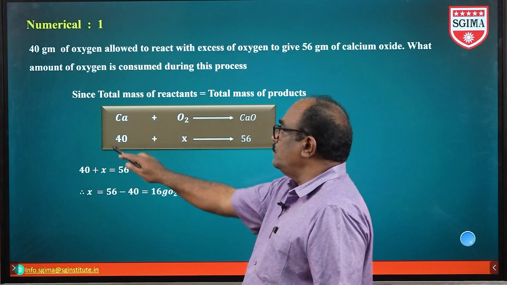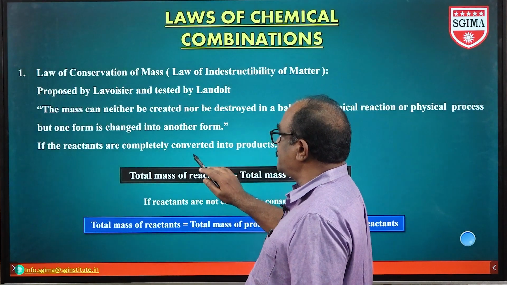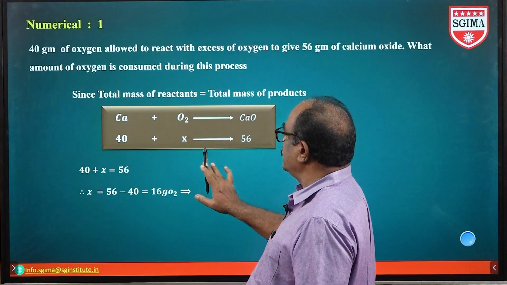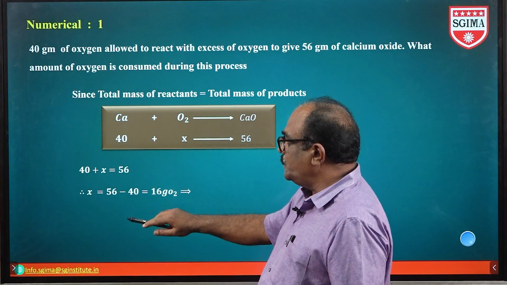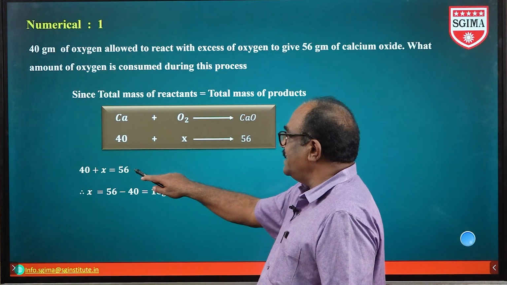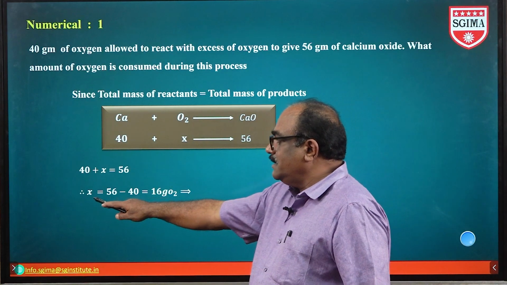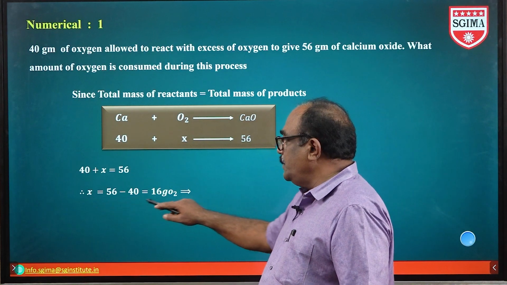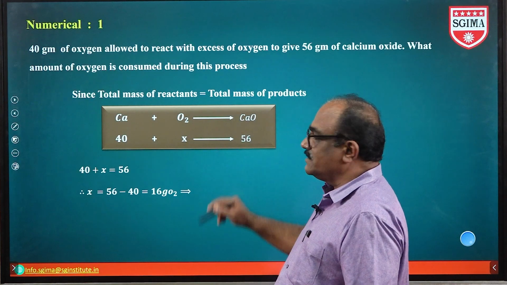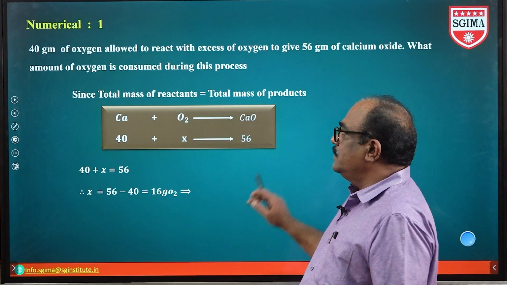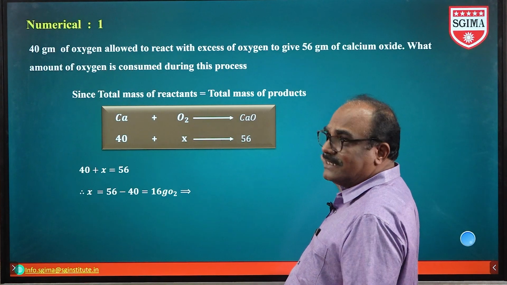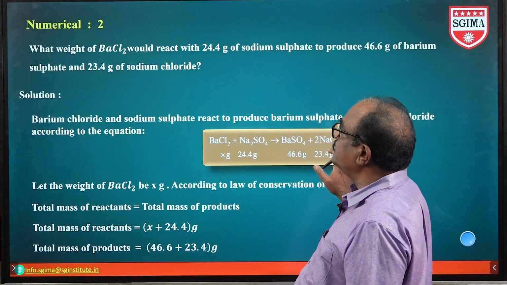So the total mass of the reactants is 40 plus x, which is equal to 56. Evaluating, x will be equal to 16 grams of oxygen. Very simple numericals like this can be given in the board examinations. Let us go to the next example.